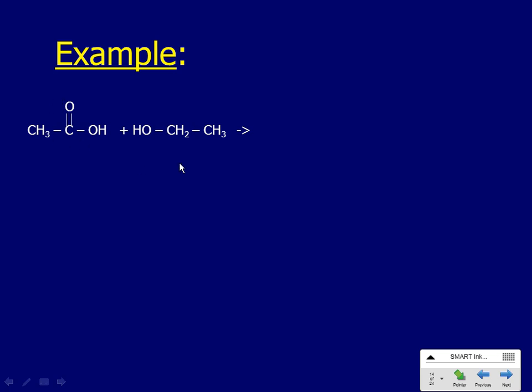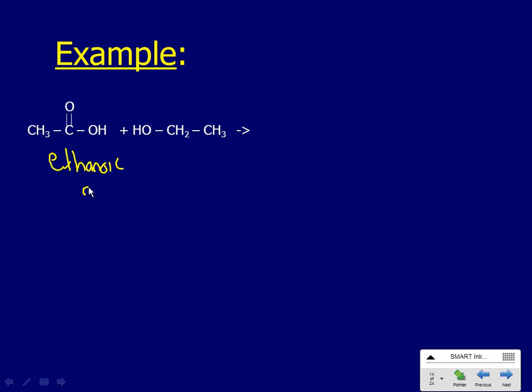So I need the names of my starting molecules here. What is this stuff called? I've got the acid group on the end, two carbons. What's that? It is a carboxylic acid, but I need, what's that? It's not ethanol, ethanoic acid, right? It wouldn't have the O in there. So ethanoic acid.